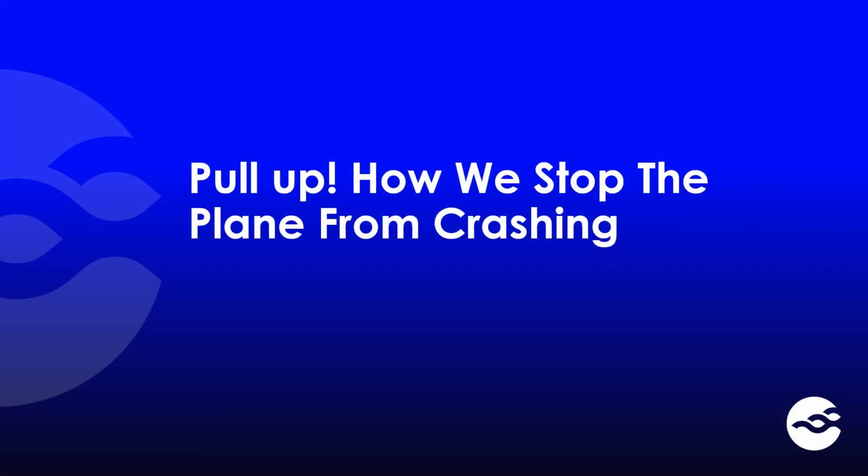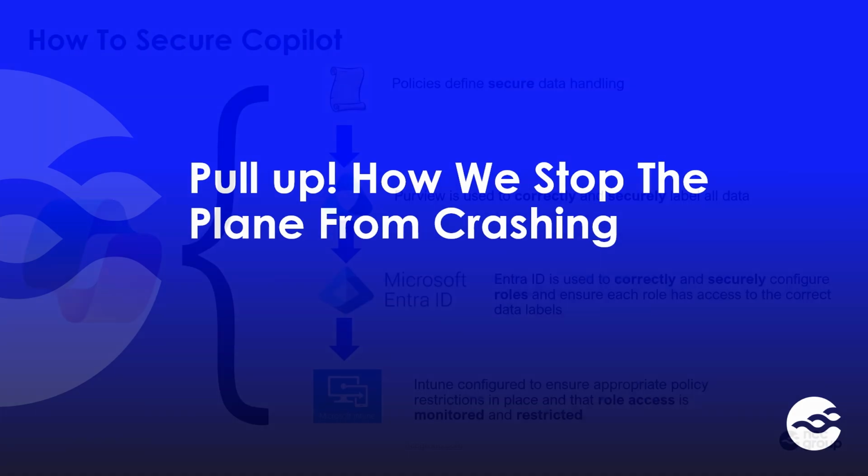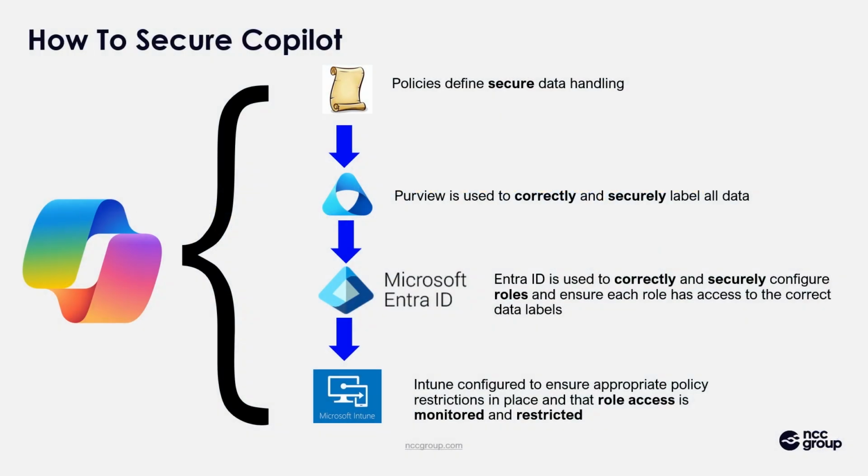So, how do we fix this? So, here's the image that I showed you previously with one important step. The 0th step should always be secure data policies. Your policies should define all of your secure data handling processes, and those should then feed into Purview labels, which reflect your strong policies and be correctly applied across your whole estate.